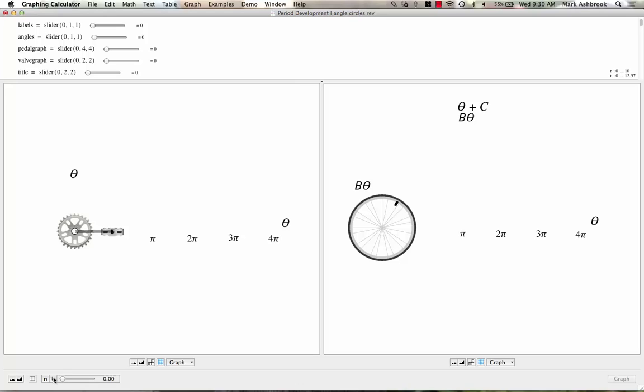Okay, so here is when the pedal's in the 3 o'clock position, the valve is at positive pi over 3 in the first quadrant. So what can you say about the valve angle relative to the pedal angle? It's always pi over 3 ahead.